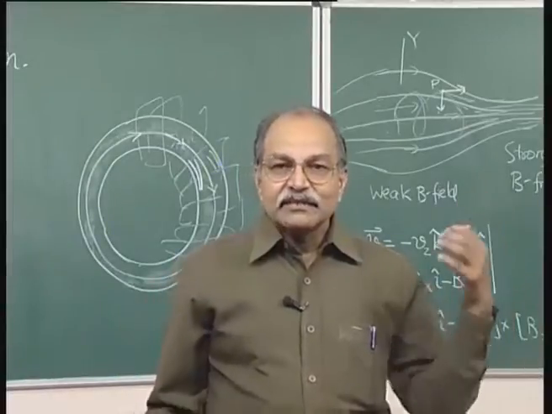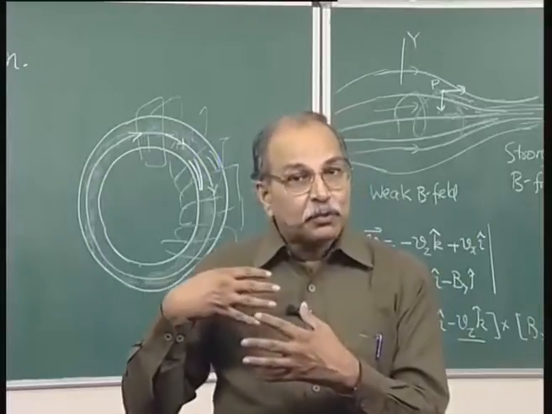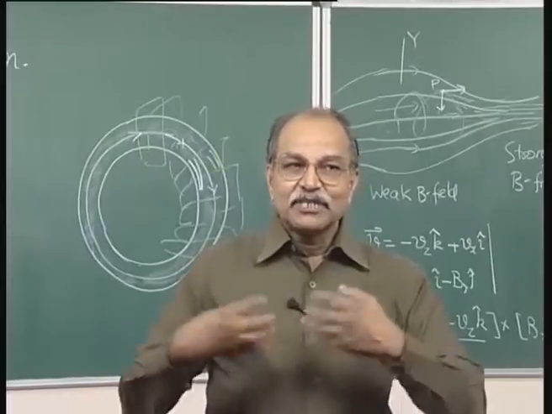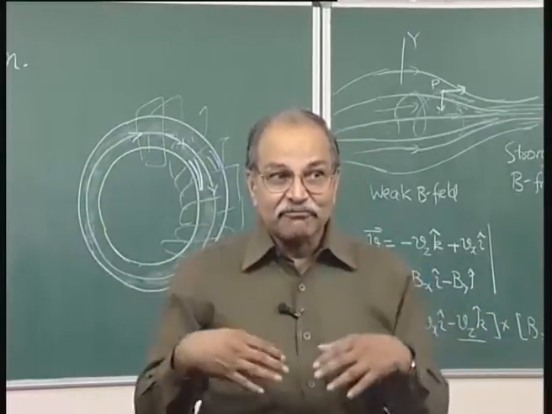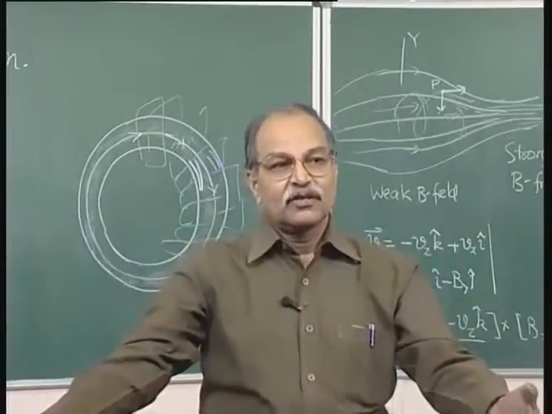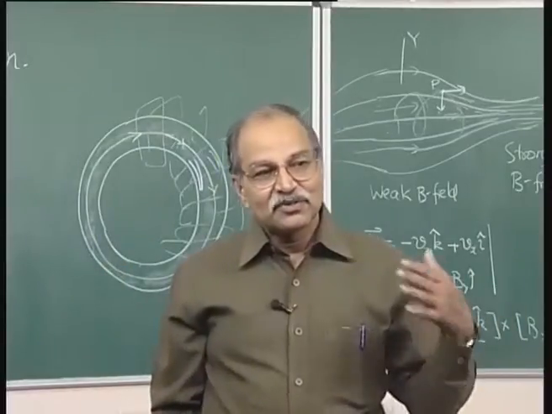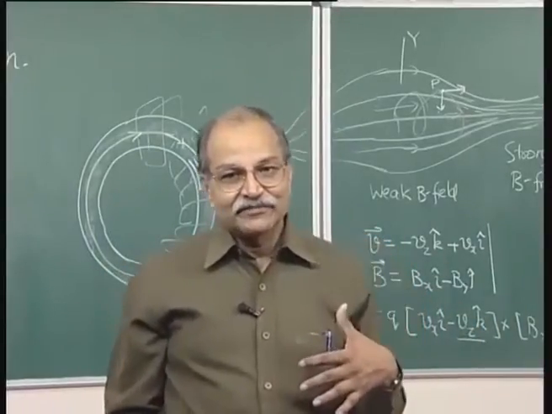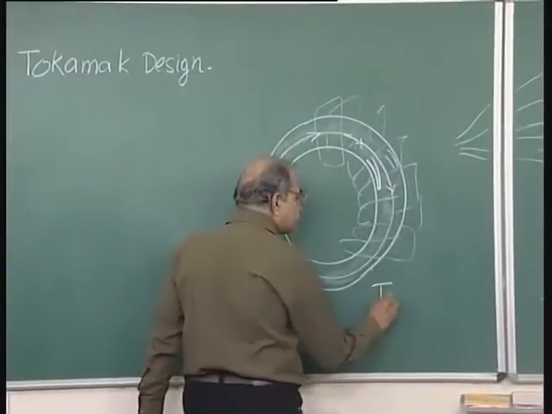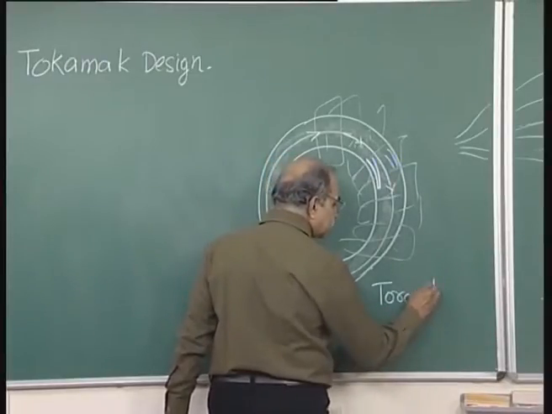And you have seen that stronger magnetic fields tend to push the particles back, and therefore, this magnetic field itself will help these particles to go and hit the outer walls, and therefore, more complicated fields are needed. So, this is known as the toroidal field. Of course, this is the basic one, that field is very much there, toroidal.